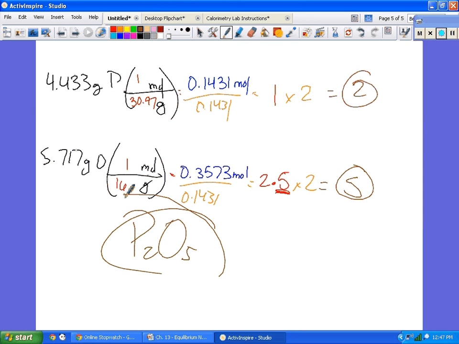What if I told you that the formula mass of this thing was 425.82, and I said calculate the molecular formula? Before we go any further, we know this is the formula, correct? All right, so let me erase all this. You would keep all of it, but I just need space.